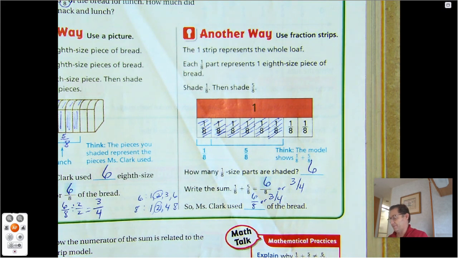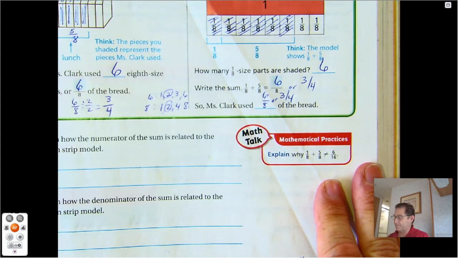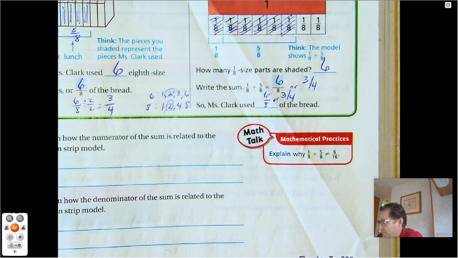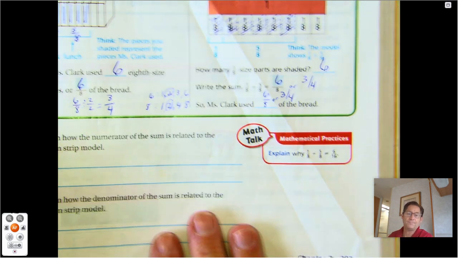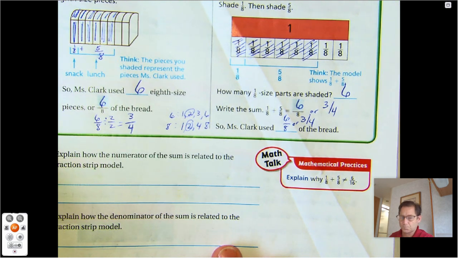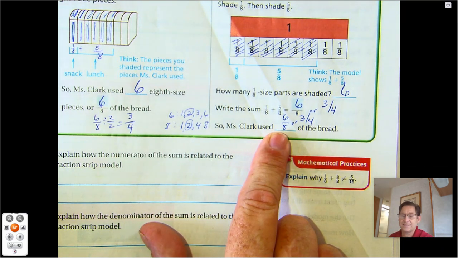All right. So explain how the numerator of the sum is related to the fraction strip model. The numerator is 6, right?